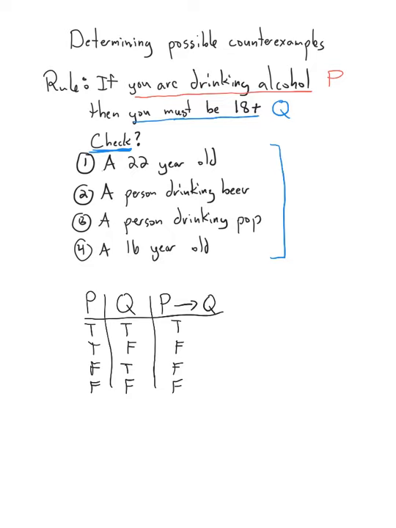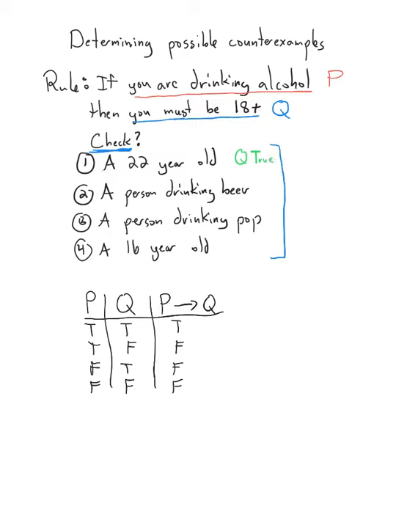So, let's look at the 22-year-old first. We don't know if they're drinking alcohol or not. We don't know anything about P, but we do know about Q. We know that Q in this case is true. The then part is true.